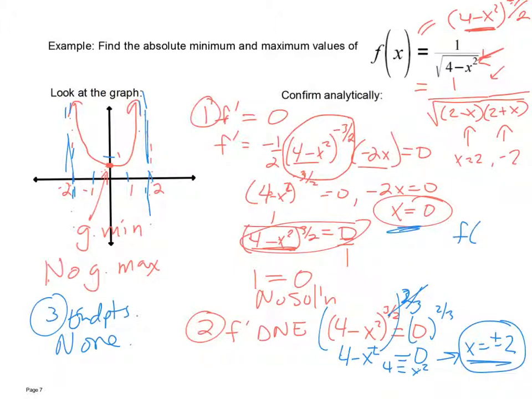So we have to go to our original function and put in 0, and then we get 1 over the square root of 4 minus 0 squared. So we have to do 1 over square root of 4. I get a half. All right, so that's our global min right there, by the way. But let's just test. If I do f of 2, I get 1 over 0.